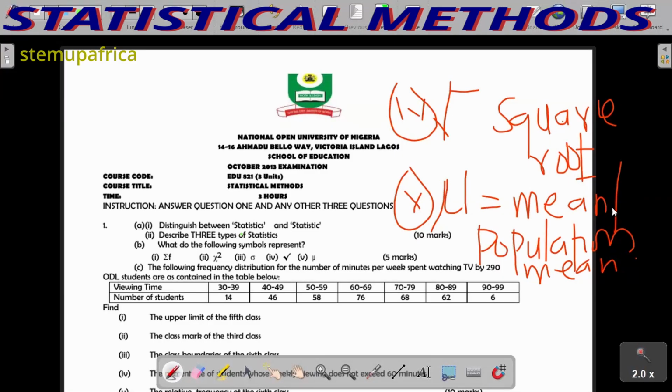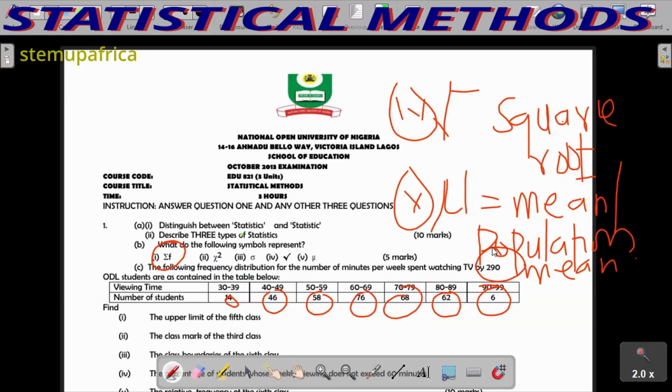How did they arrive at the 290? That is the total frequency, total number of people, which represents summation F. If you add 14, 46, 58, 76, 69, 62, and 6, it's going to give you 290. If you have a calculator, you can try it out.